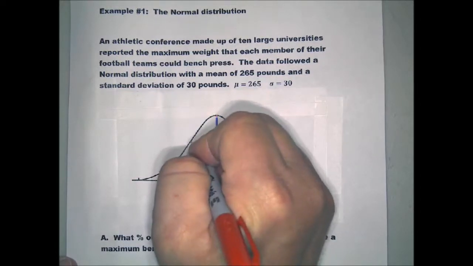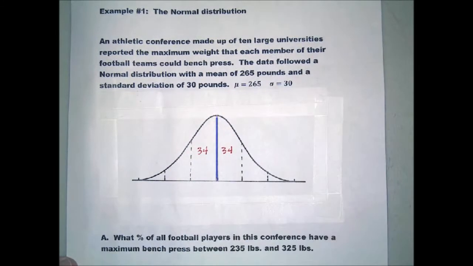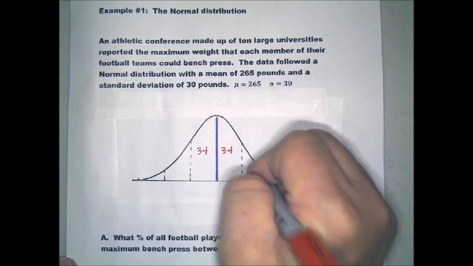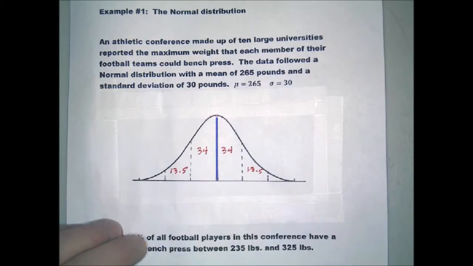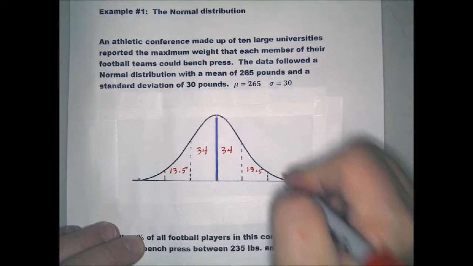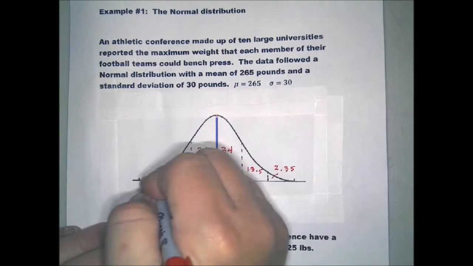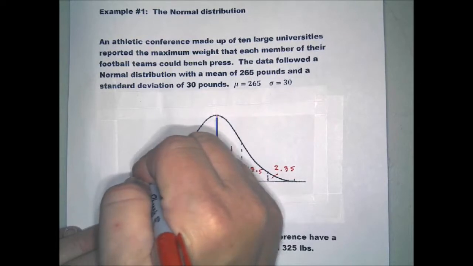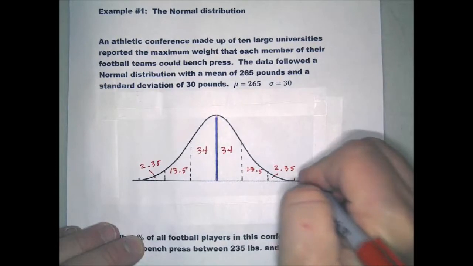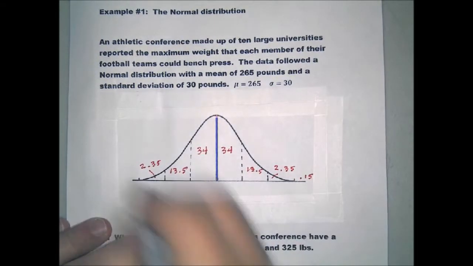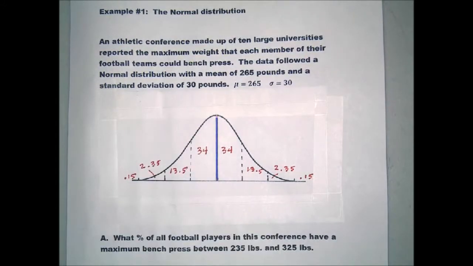So this would be 34%, this would be 34%, and then 13.5% in this section, and 13.5% in that section, 2.35% in this section, 2.35% in this section, and then 0.15% after that, and 0.15% down there.